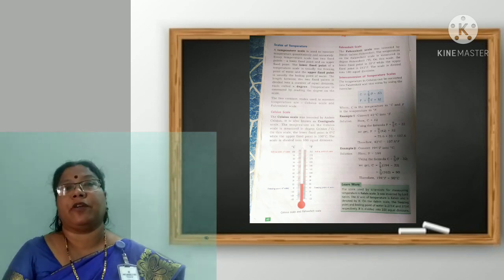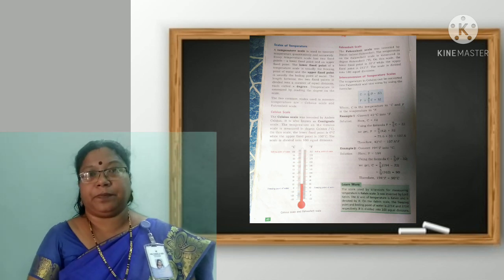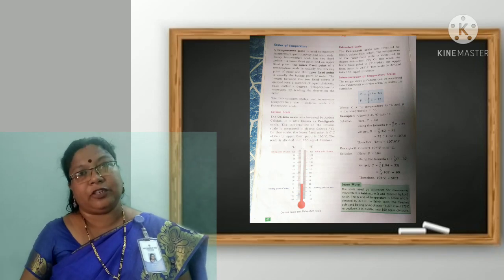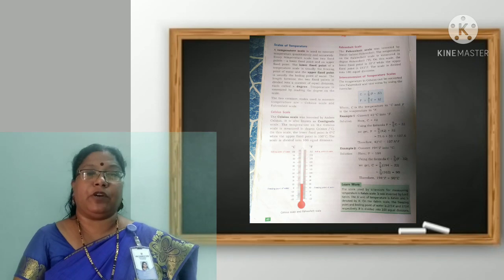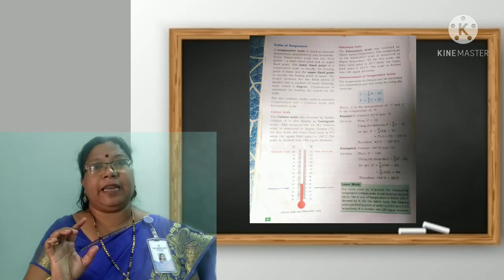What is the boiling point of water? It is 100 degrees Celsius. So the lower fixed point is 0 degrees Celsius and the upper fixed point is the boiling point of water.